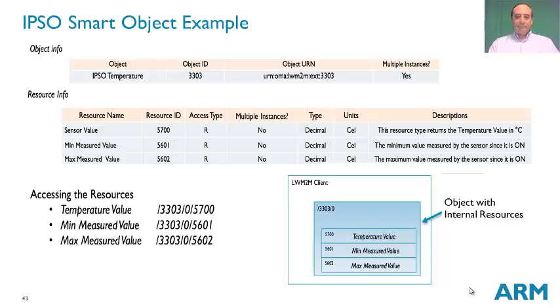So reading the current temperature value is a GET to resource ID 5700 in that object, so it's a GET to a URI of 3303/0/5700, and that returns the temperature value.